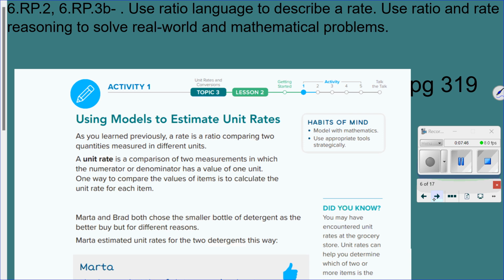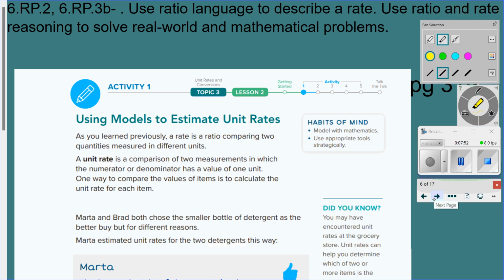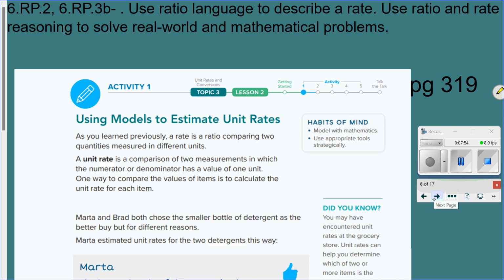Like a twist of irony, although we've been doing it for a while, now we will finally give you the definition. In which the numerator or denominator has a value of 1 unit.